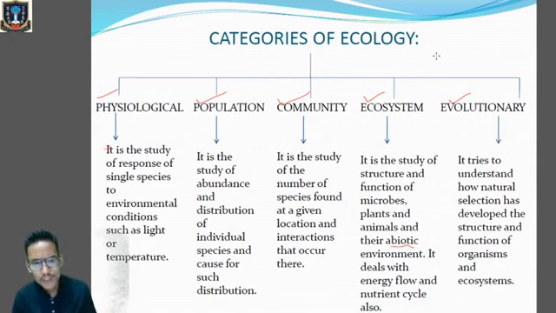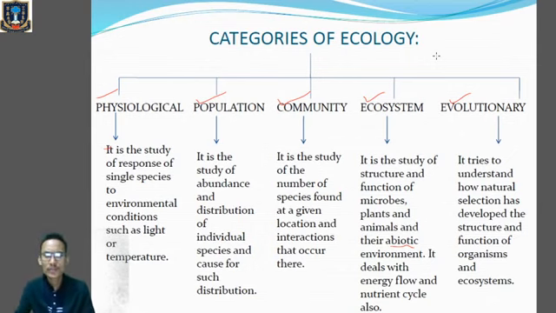And the last one is evolutionary ecology, which tries to understand the role of natural selection in the formation or creation of a species. How has the species developed, and how have its structures developed by the action of natural selection?